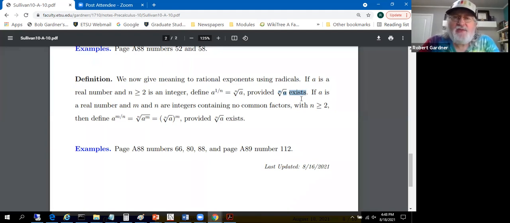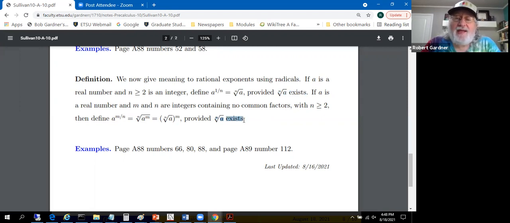What do you think that means? No square roots of negatives is what they're getting at with this. If n was 2 and a was negative, we'd have a problem. We can't take square roots of negatives or fourth roots and so forth. If a is a real number and m and n are integers containing no common factors with n greater than or equal to 2, then define a to the m over n as the nth root of a to the m power, or the nth root of a, to the m power, provided this exists.